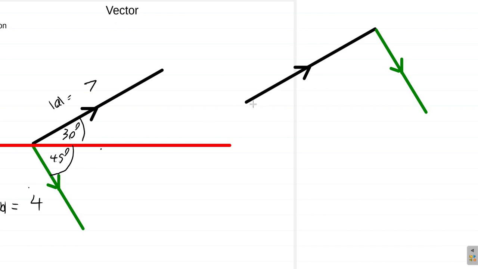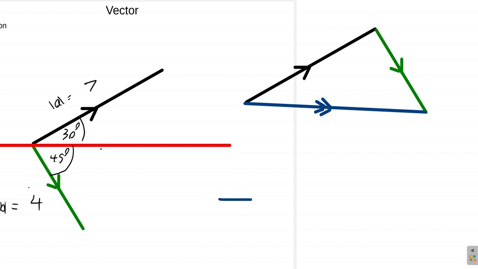Now, when you add two numbers together, the answer is called the sum. When you add two vectors together, the answer is called the resultant. So you add them like this. That is how you would get them.